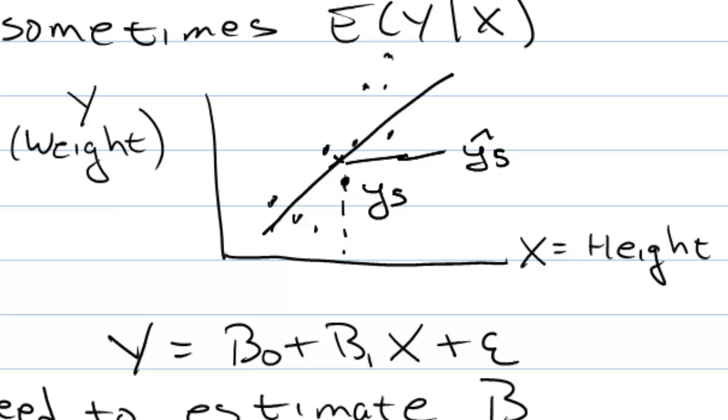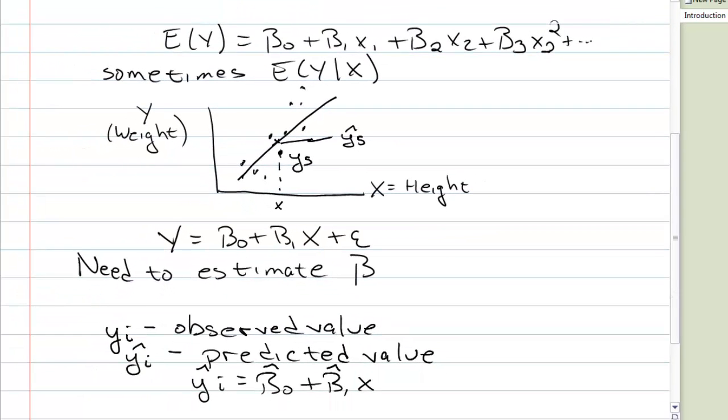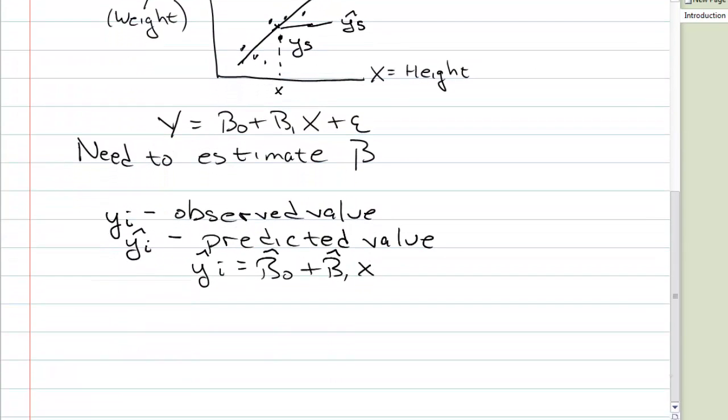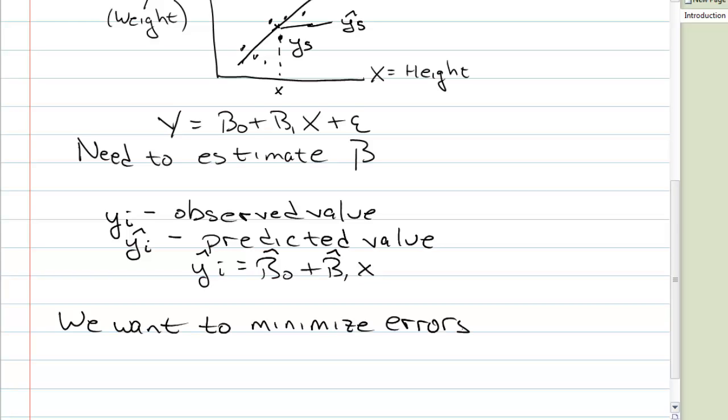If we were to draw a line down for this x value, y sub 5 is the observed, y sub 5 hat is the predicted. What we want is to minimize the errors. That is, we want to minimize y sub i minus y sub i hat. This is an estimate of the error, sometimes called a residual.